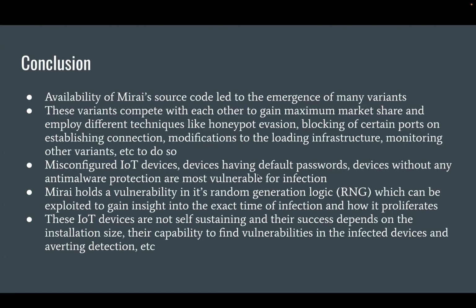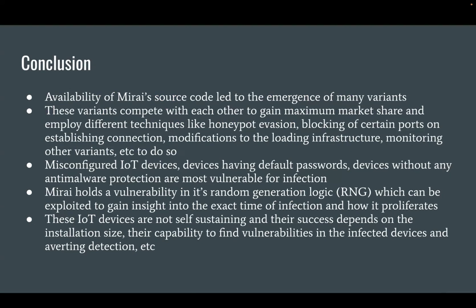Misconfigured IoT devices, devices having default passwords, and devices without any anti-malware protection are the most vulnerable to infection. One of the major flaws that makes Mirai detectable is the use of its RNG algorithm, which can be exploited to gain insight into the exact time of infection, how it proliferates, how it behaves, and so on.